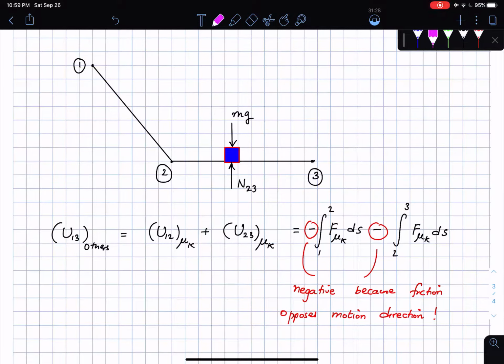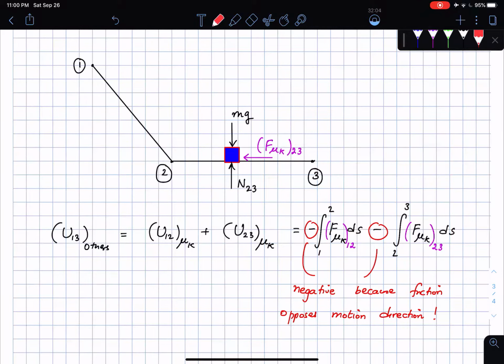And so if it is traveling to the right, this friction force is going to be pointing to the left. So this is going to be F mu k between 2 and 3, and likewise this is going to be F mu k between 1 and 2. I'll be rewriting this, so there is not any issue.